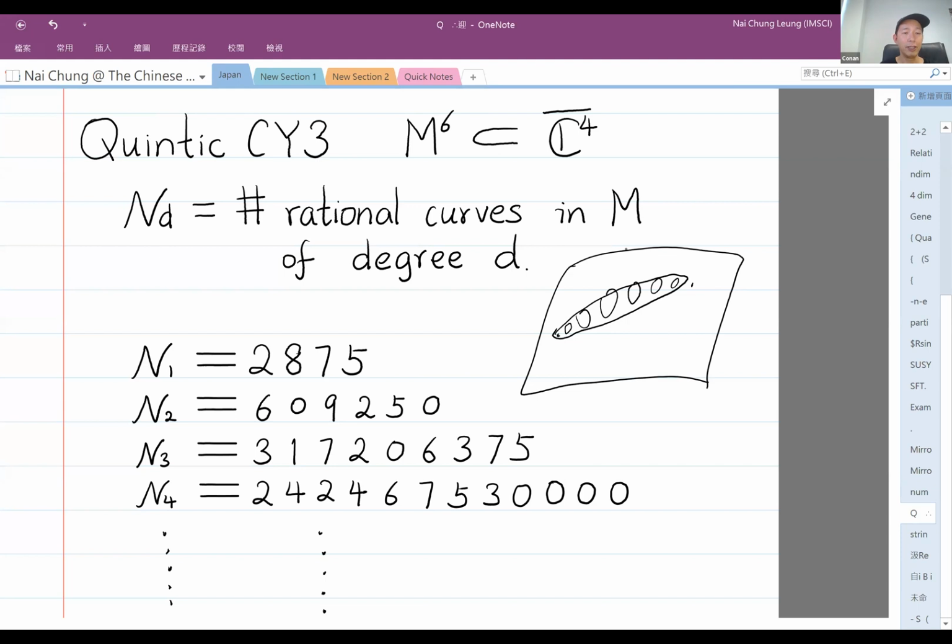And then it became a huge industry to understand all these numbers, and the development of Gromov-Witten theory, which is an important subject in mathematics. And this is only the beginning of mirror symmetry. As I mentioned, the impact on enumerative geometry has been huge. But nowadays, the impact on many other parts of mathematics, in geometry, algebra, all kinds, has been very, very deep.